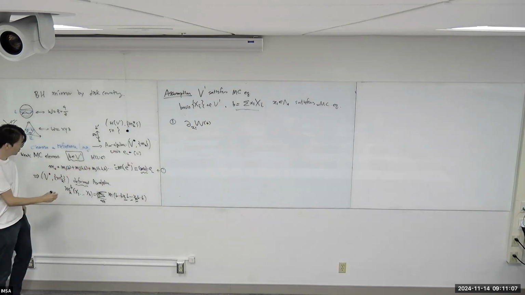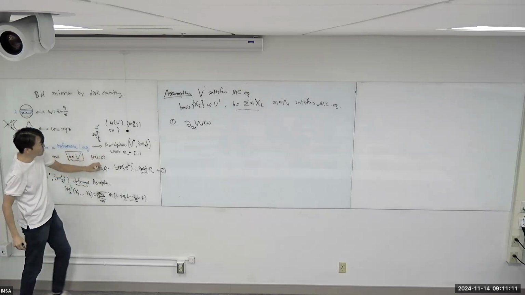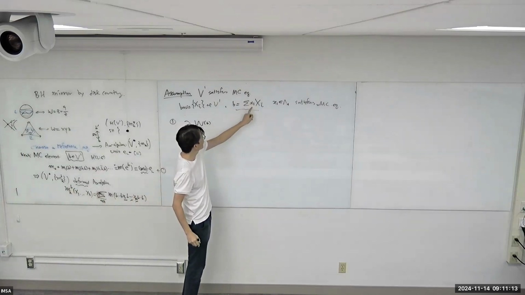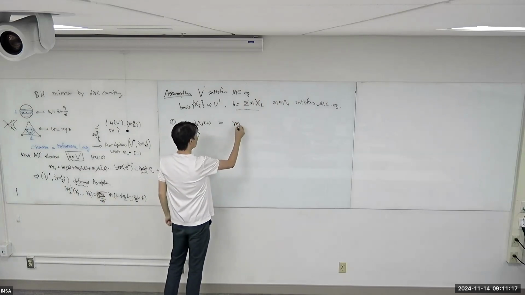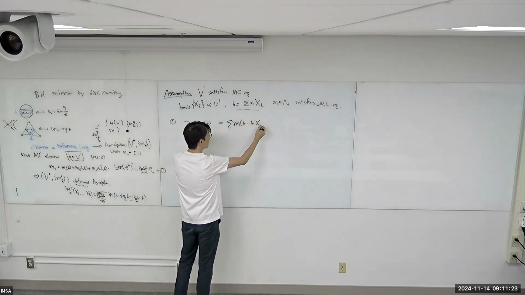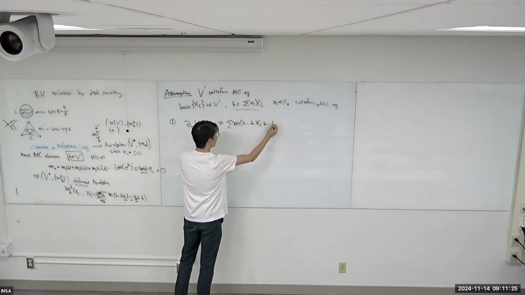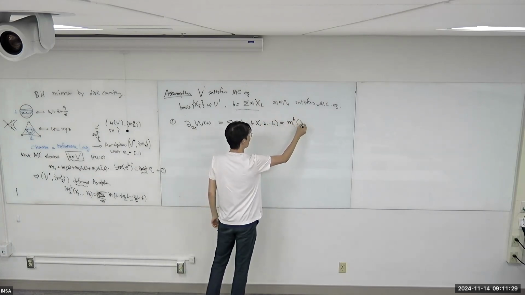And so the derivative will hit one of the B's, and when you differentiate one of the B's by xi, then you get this capital Xi. So this is the sum of m of B, and when you take the derivative, it becomes xi, and the rest is still B. So this is nothing but m1b of xi.